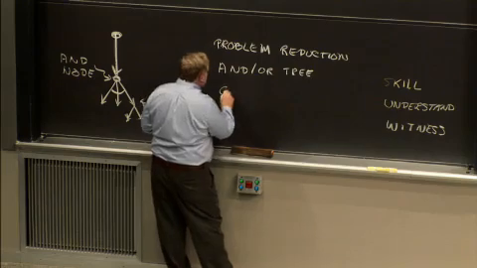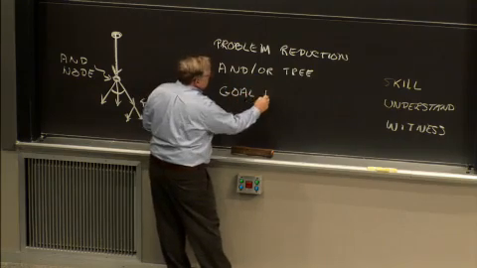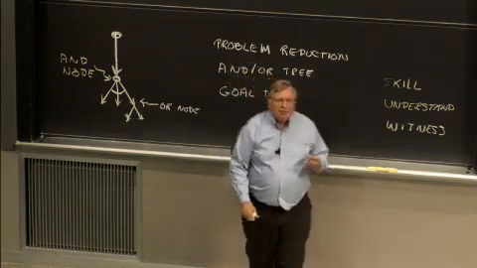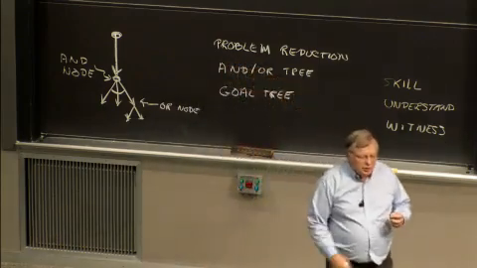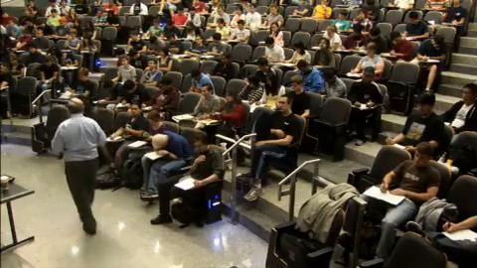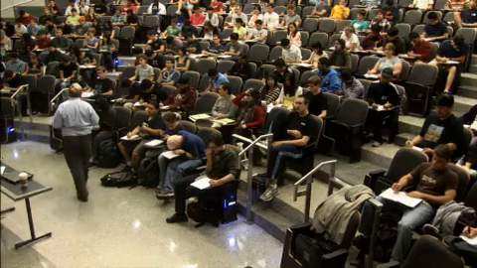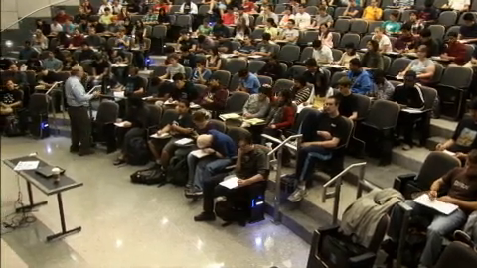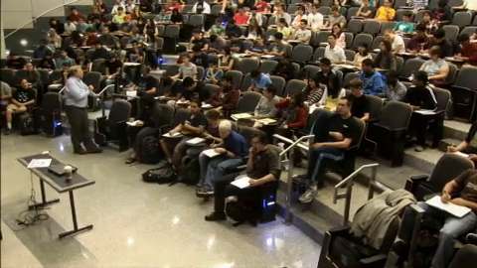And sometimes it's called the goal tree. Because this tree of problems shows how our goals are all related to one another. So these are items for your vocabulary that are all synonymous. Problem reduction tree, AND/OR tree, goal tree, all the same thing. Now you have a name for it, you've got some power over it.